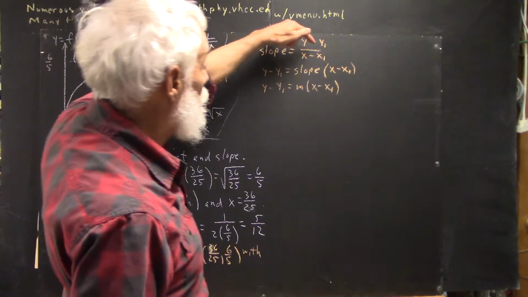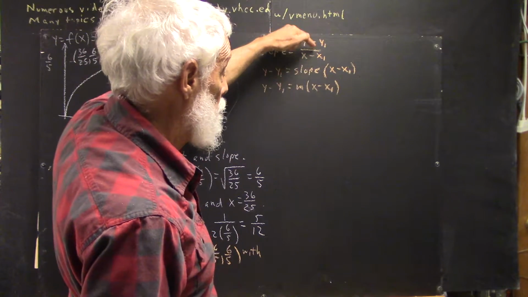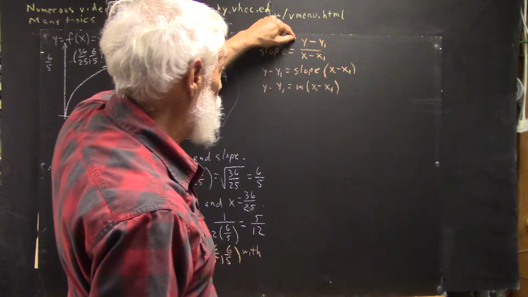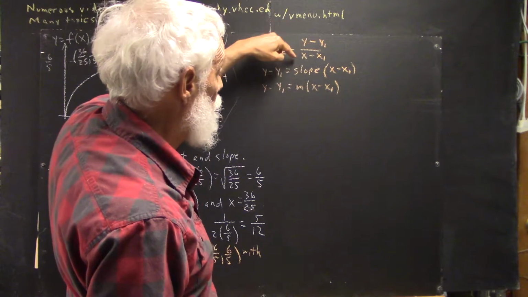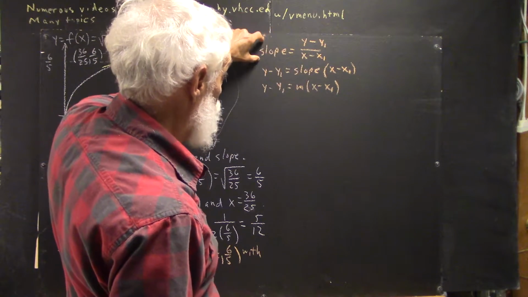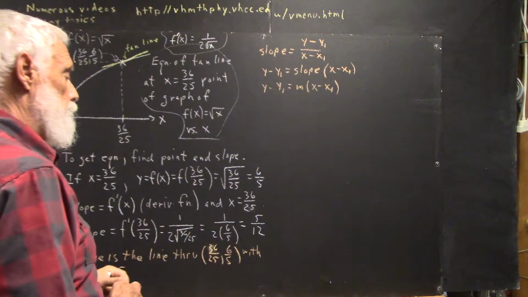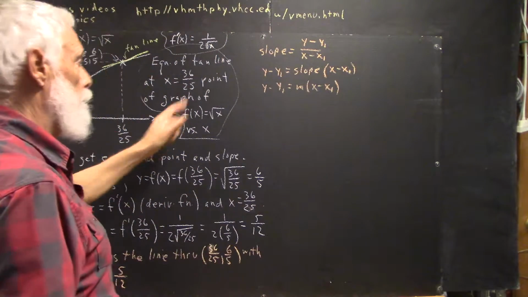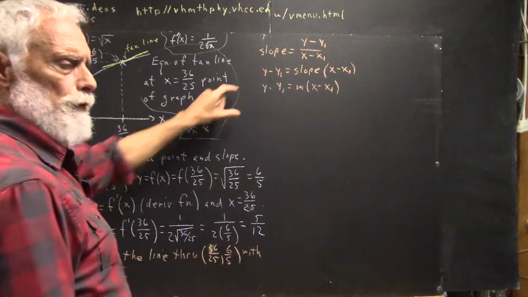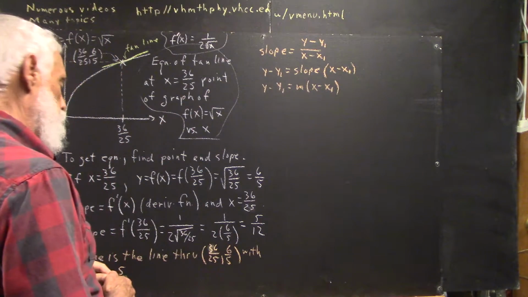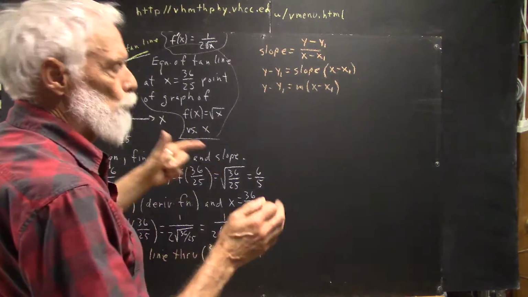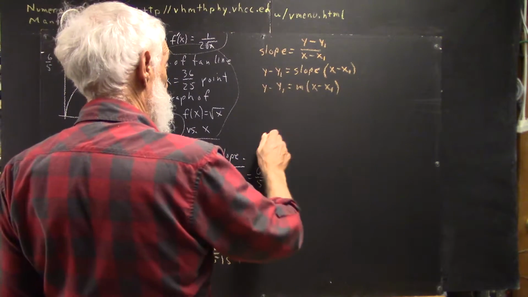Now, this is the rise between some point x1, y1, and the point x, y. This is the rise, this is the run. So the slope is this, and the slope has to be whatever the slope is. If that confuses you, okay, use the formula. But you should really understand it at a little deeper level. You would profit from understanding it at a deeper level.